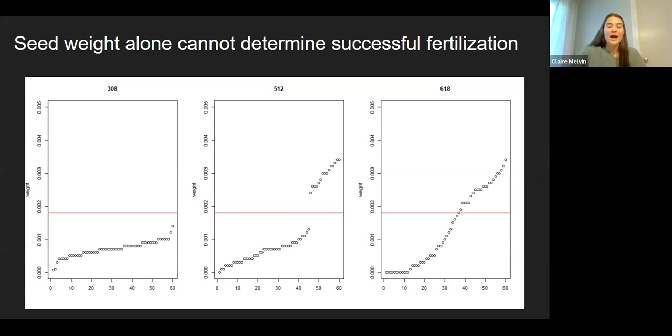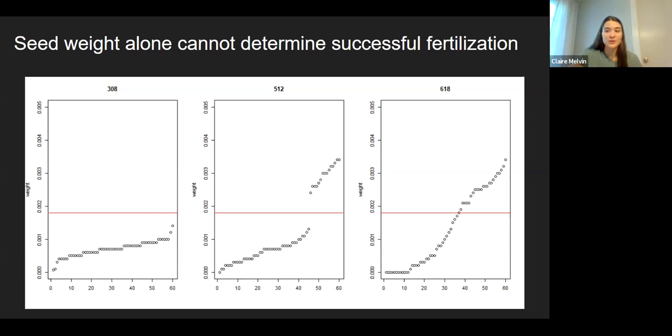And I actually determined that seed weight alone is not enough to understand successful fertilization in Echinacea, because this diagram shows 3 different seed heads with the 60 individual weights of each seed, ordered from lowest to highest across the x-axis.